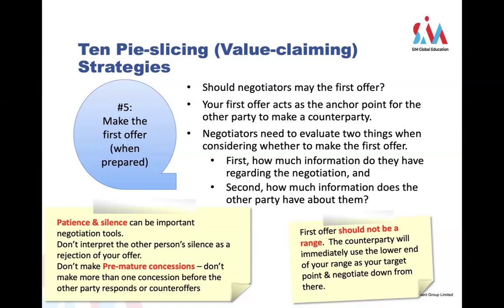Okay, let them consider, maybe they just need a bit more time to internalize the idea, maybe discuss with the family, discuss with the friends before they reach out to you again. Okay, so don't make any premature concessions. In other words, don't make more than one concession before the other party responds or make a counter offer.